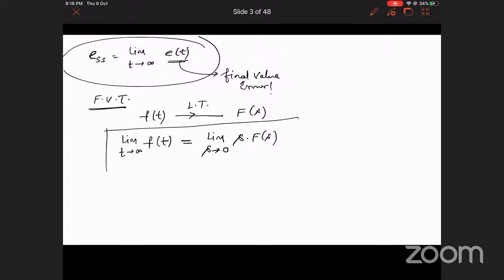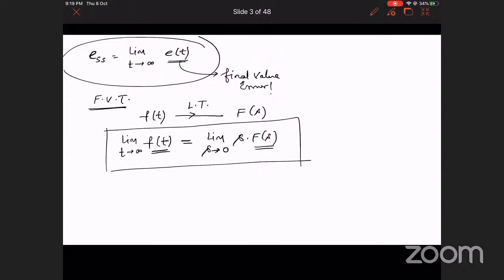This is called the final value theorem, where you can relate f of t with its Laplace transform F of s. When you substitute t equal to infinity, you substitute s equal to 0 and multiply the same F of s with s, the complex variable.